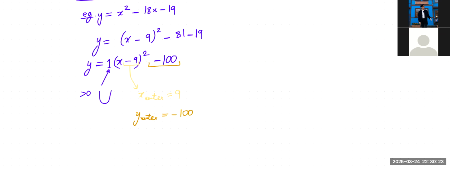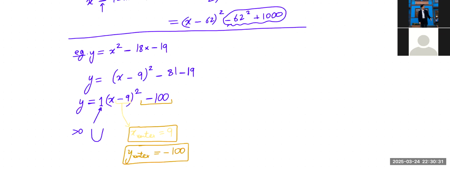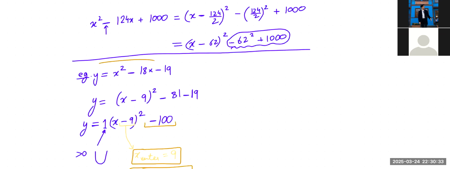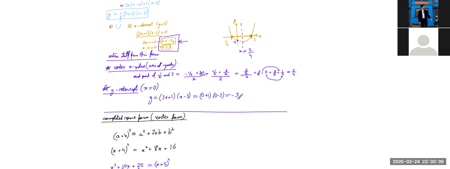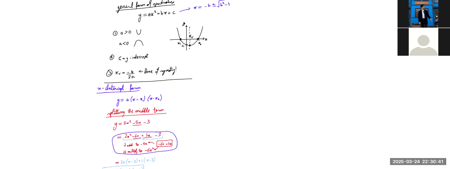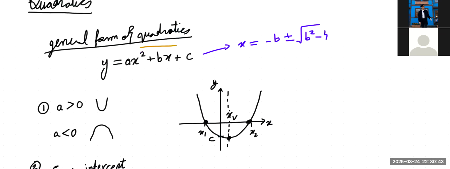Imagine if they give us the standard form, how do we convert it into the vertex form? What do you mean, the standard form? The form y equals ax squared minus bx plus c.